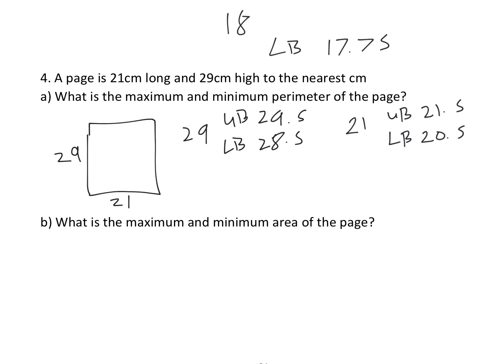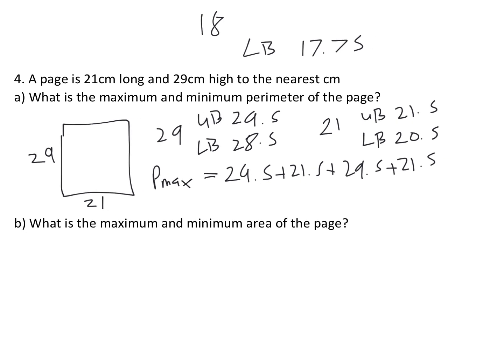If we're looking for the maximum perimeter, so P max, instead of adding 29, 21, 29 and 21, we would add the maximum values that these sides could be. So we'd be adding 29.5, 21.5, 29.5 and 21.5. Making each side as long as possible. That gives 102.